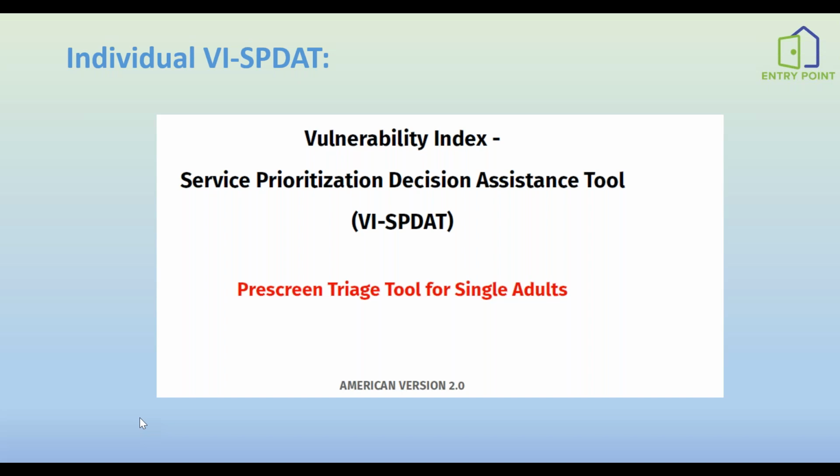So VI SPDAT is a funny acronym, sounds like a sneeze, is a long and complicated acronym, and you don't necessarily need to memorize what it stands for. But if you're interested, it stands for Vulnerability Index Service Prioritization Decision Assistance Tool, the VI-SPDAT.